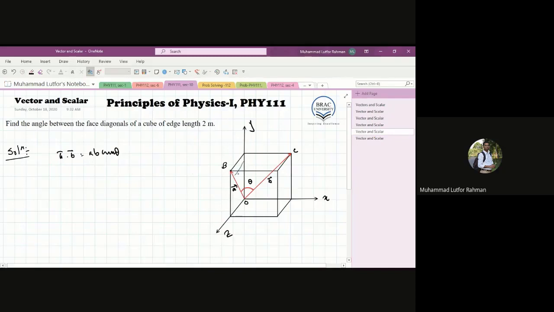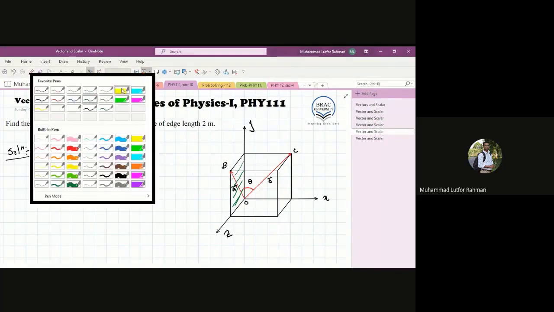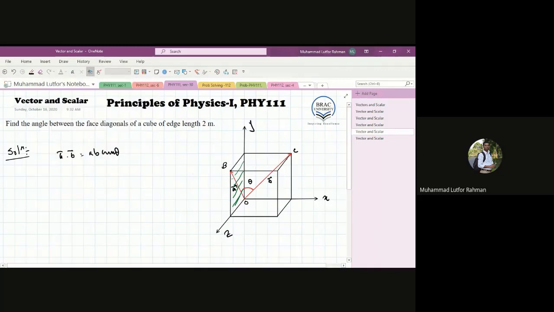This YZ plane and the XY plane are perpendicular to each other, right? And this vector A is in the YZ plane and B is in the XY plane, each a diagonal of a face. I have to find out the angle between these two vectors.